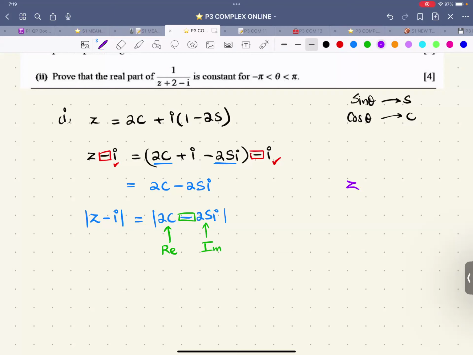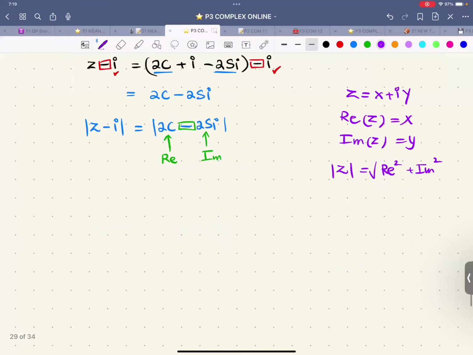Remember, when z is x plus iy, the real part of z is x. The imaginary part of z is y. Therefore, the magnitude of z is the square root of the real square plus the imaginary square. So over here, when I'm taking the modulus of this thing, that is the square root of 2C, the whole thing squared, plus negative 2S, the whole thing squared.